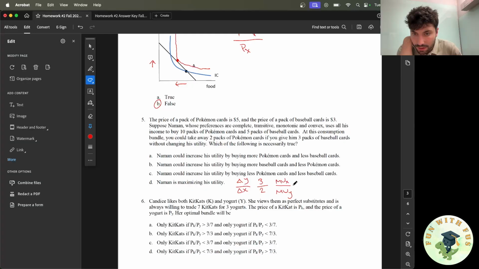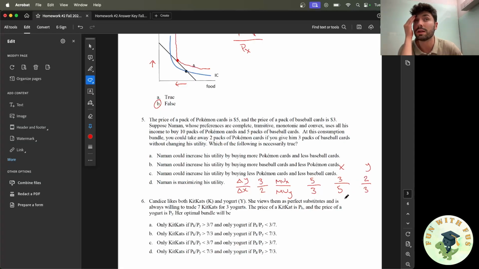And we have our MRT, of course, which is 5 for Pokemon cards, the price of x over the price of y. So for x, our Pokemon cards, we have 3 over 5. And then for y, we have our marginal utility of y, which is 2, and the price of y, which is 3.